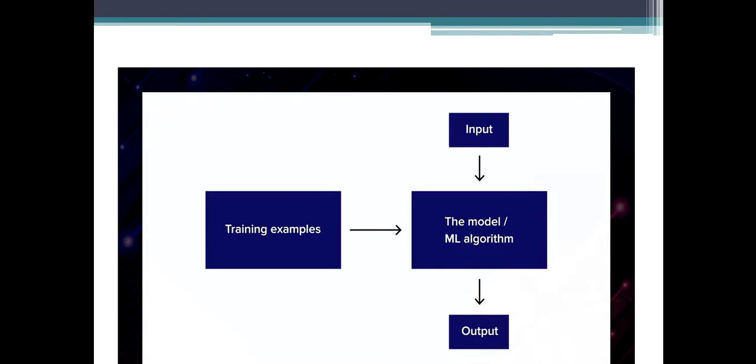So we have a training data set and a test data set. The ML model is built using the training set, and it can easily predict the accurate outcome for new test data. Clear? So we have different types of machine learning.